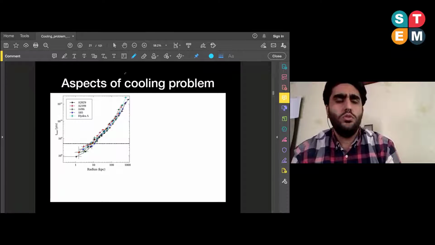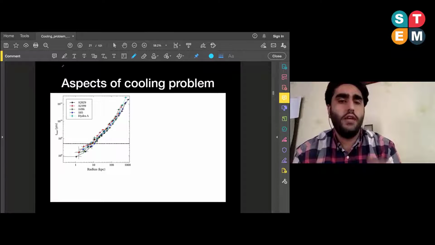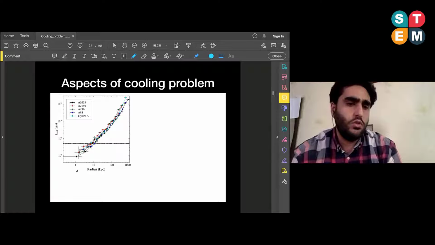To talk about different aspects of the cooling problem, the difference between our calculations and expectations and what we observe regarding the cold mass in clusters of galaxies, I have provided the cooling profile.